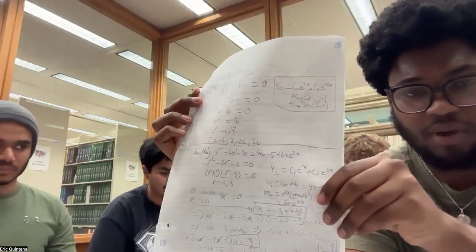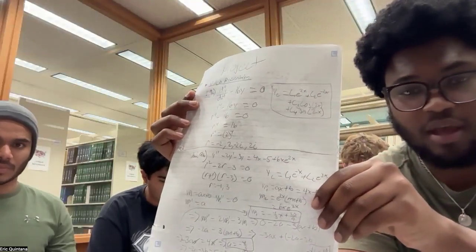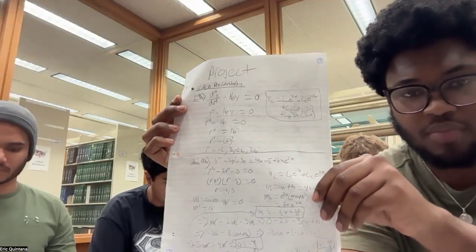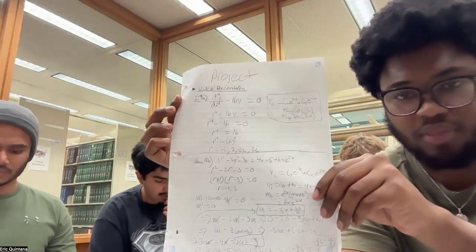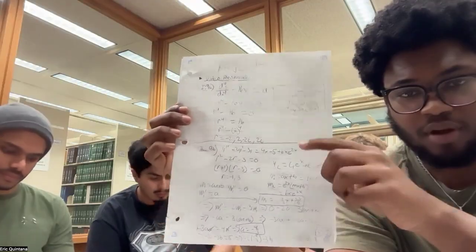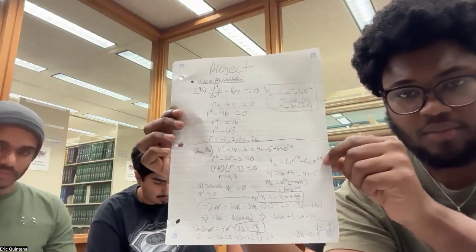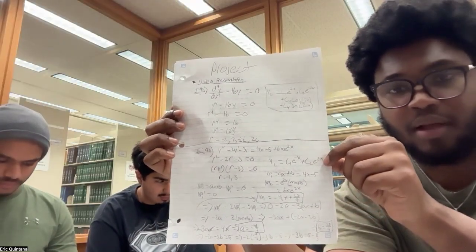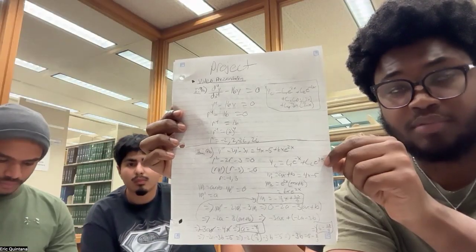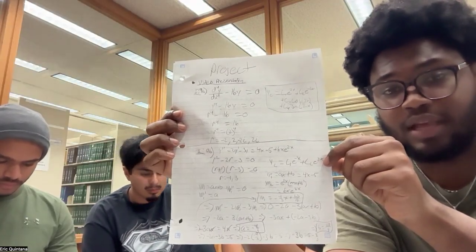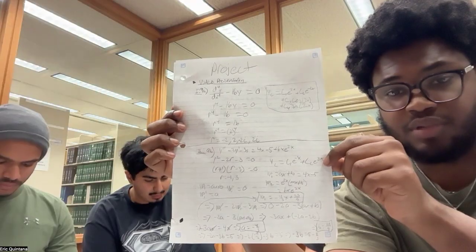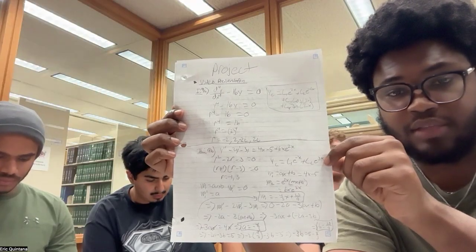First we went by finding our r values, so it ended up being r equal to -1 and 3. Then we found our complementary solution, which was C1 e to the negative x plus C2 e to the 3x.